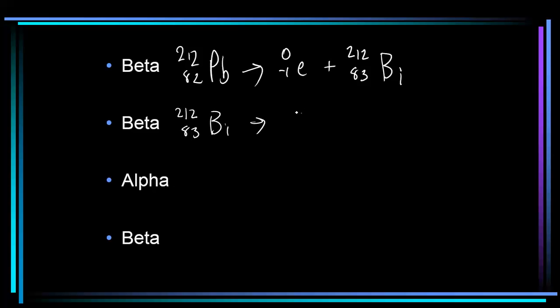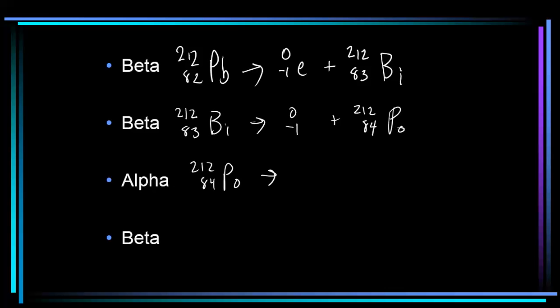Beta decay. 0, -1. Top number, 212. Bottom number, what minus 1 is 83? 84. And who is 84? Polonium. Back to polonium again. 212, 84, polonium. Alpha decay.